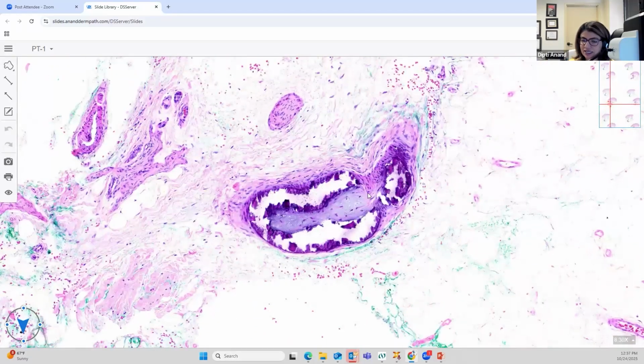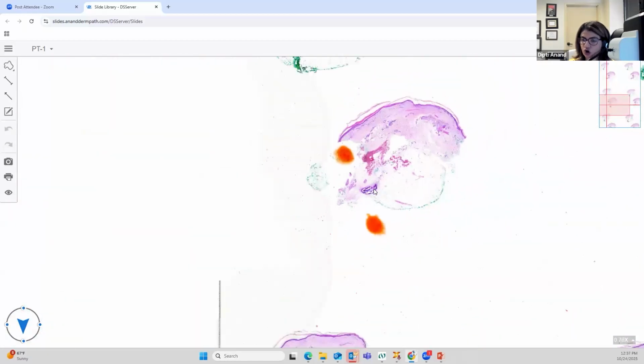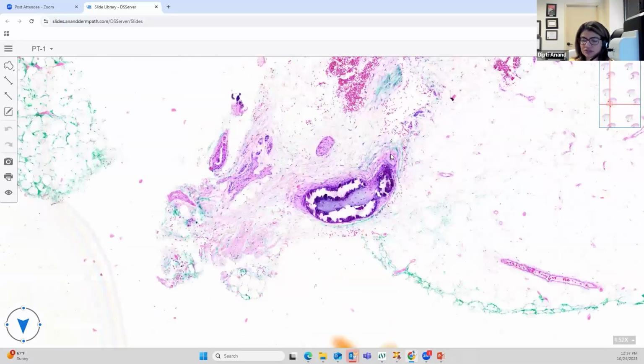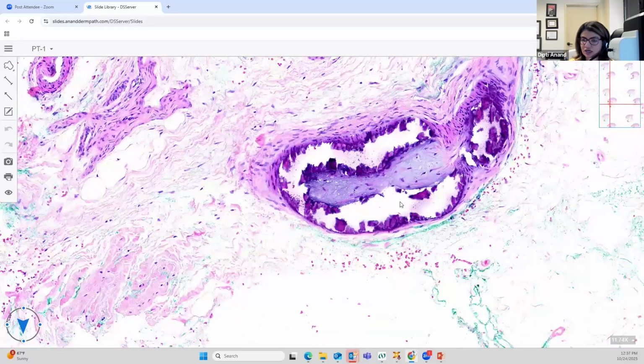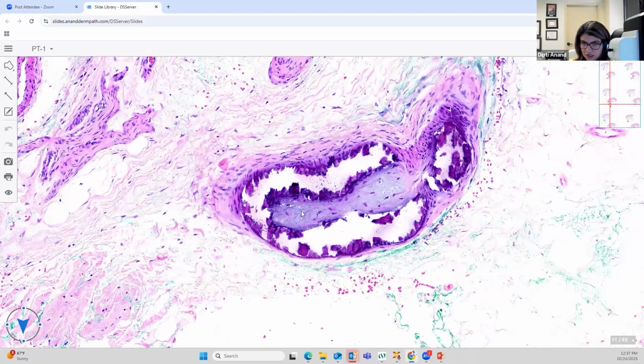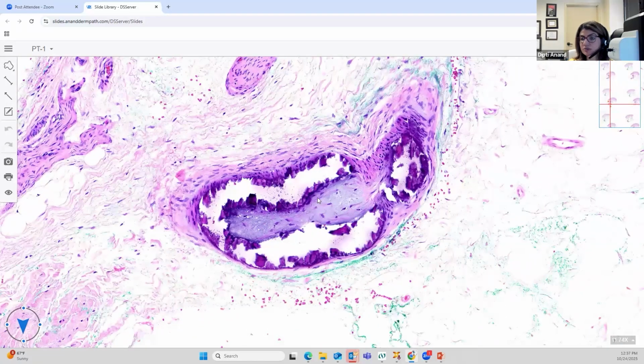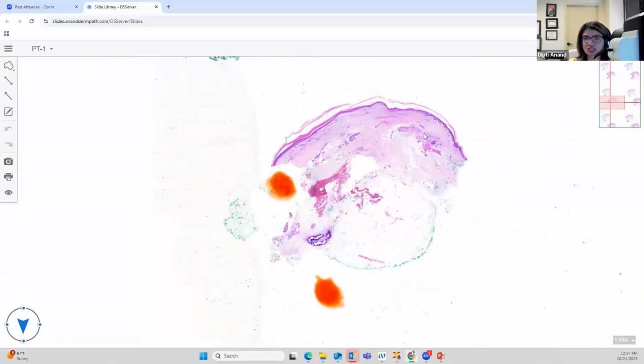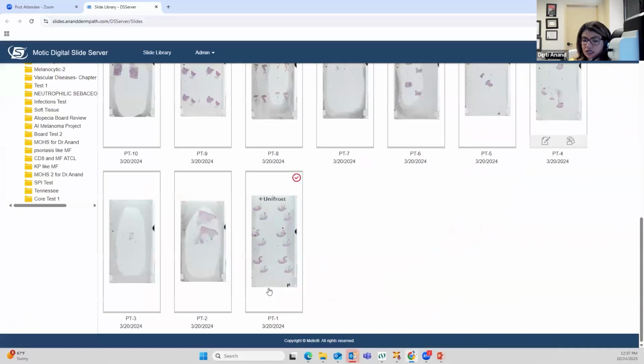This is a classic slide that they like to show you, where it is absolutely normal skin and you have this medium-sized vessel where you see this calcium deposition involving the tunica media, which is the muscle layer of the vessel. This is Monckeberg's medial calcific sclerosis, and it is an atherosclerotic phenomenon, which we normally see as an incidental finding in specimens. So this is not calciphylaxis because there is no other associated tissue damage over here.